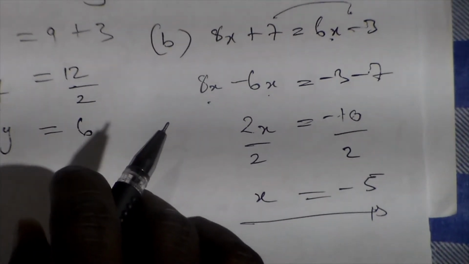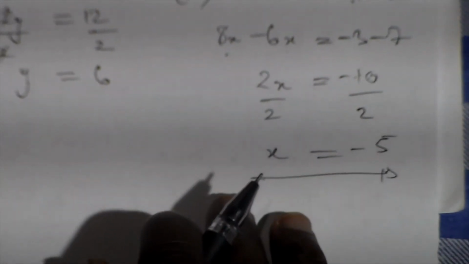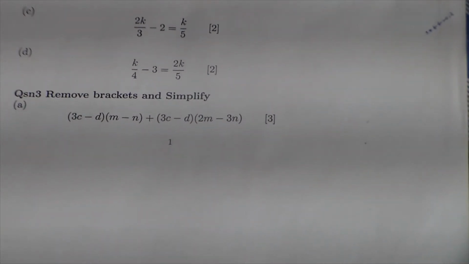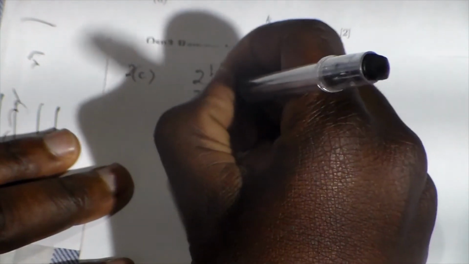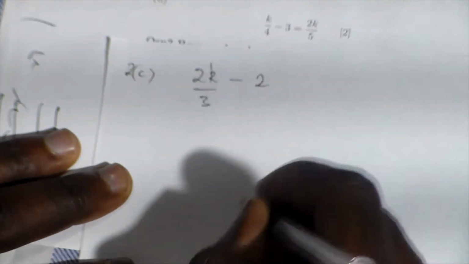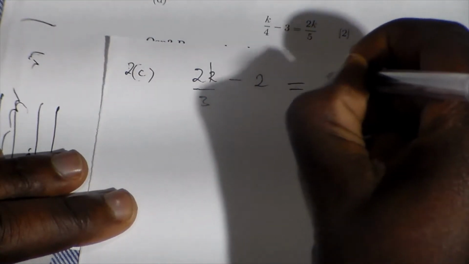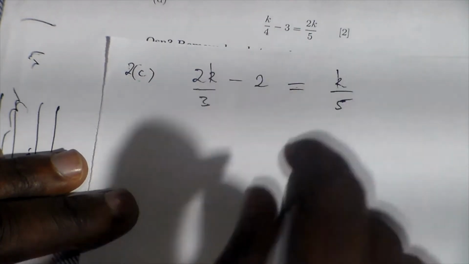Okay, now getting on to part C of number 2, it's an equation involving fractions. So we're saying 2k minus 2k over 3 minus 2 is equal to k over 5.